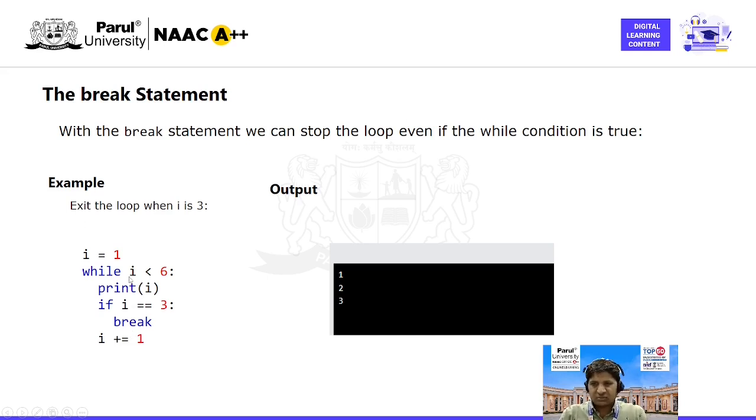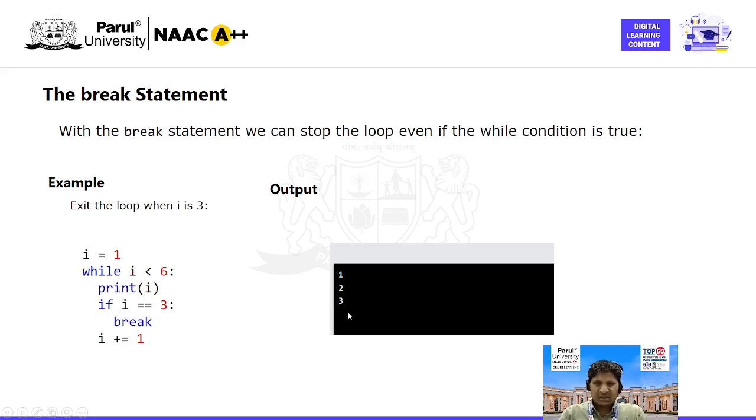i is 1, true, print i, 1. Is i equal to 3? No, the condition is not true. Why? i is 1 and 1 is not equal to 3. i plus 1, i becomes 2, print 2. Then i becomes 3, and if i equals 3, the value of i is 3, then break.